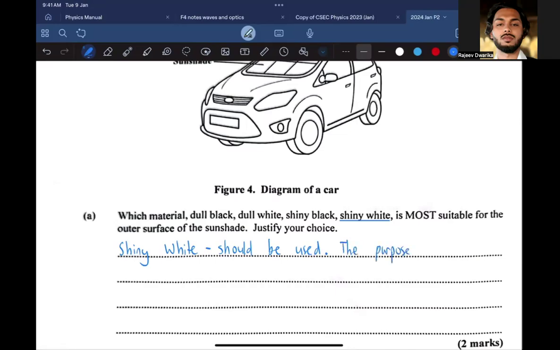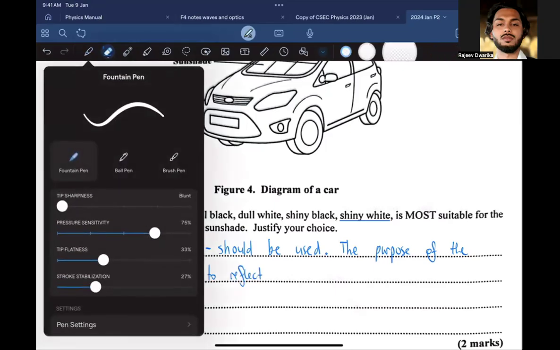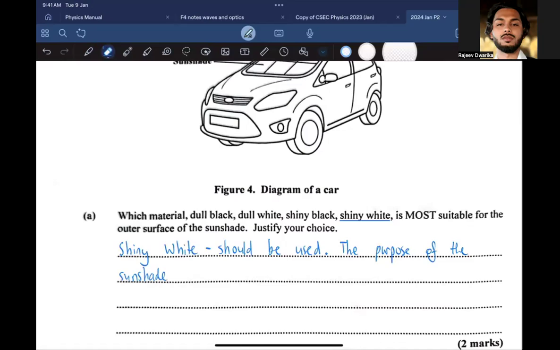The purpose of the sunshade is to reflect. So the purpose of the sunshade is to prevent sun rays from entering the car.